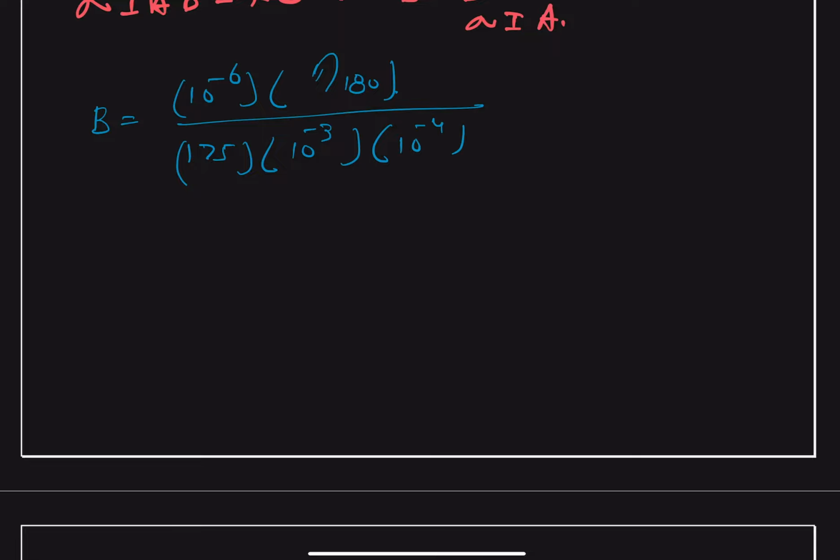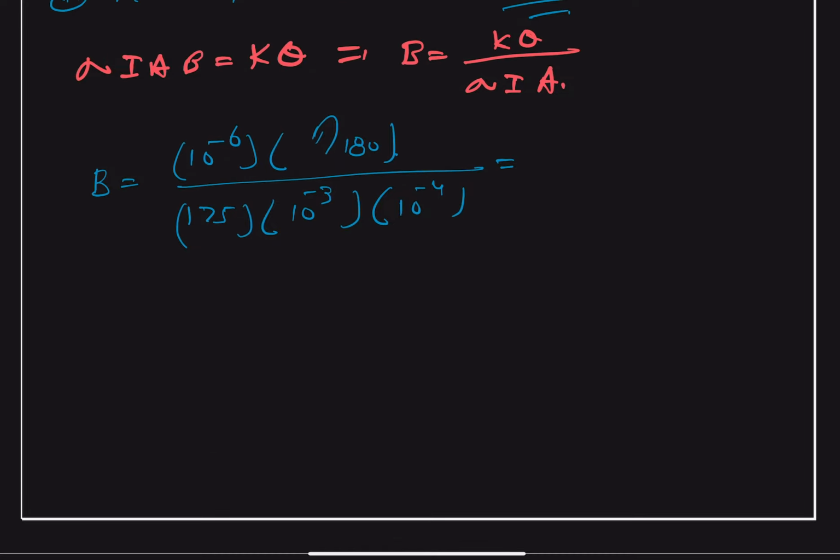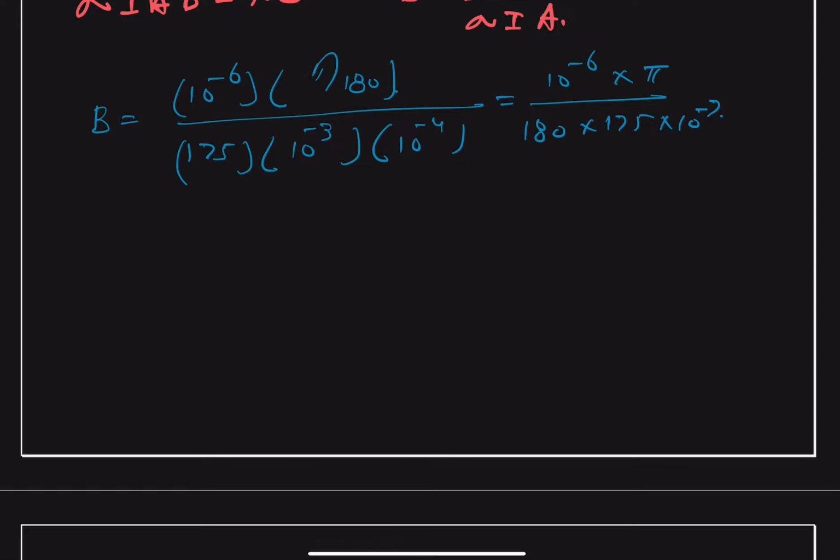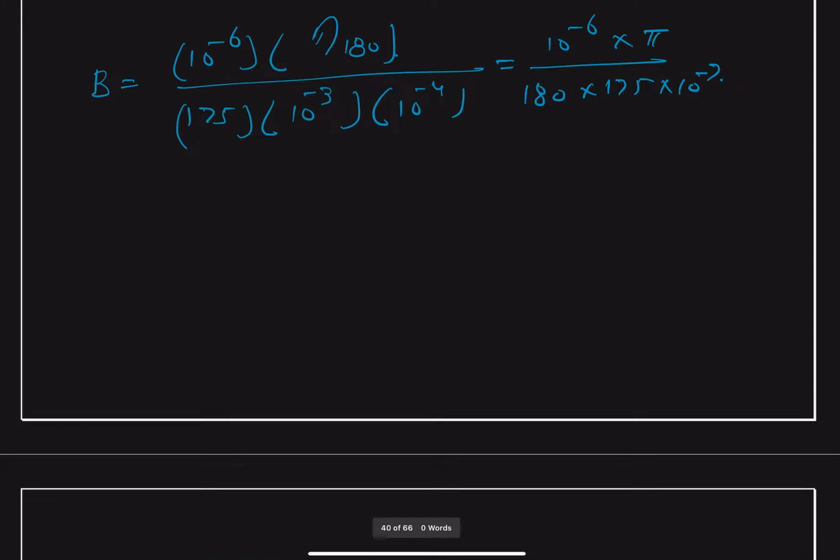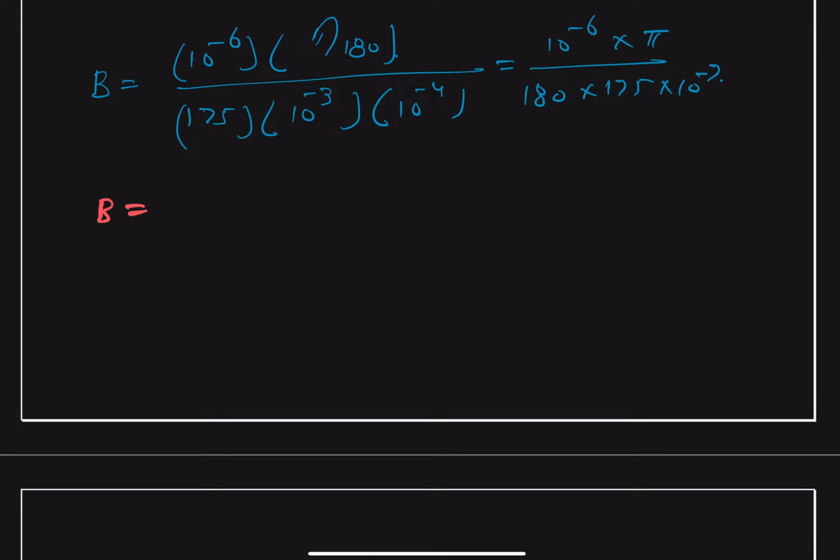So this will give us 10⁻⁶ multiplied by pi, divided by 180 multiplied by 175 and 10⁻⁷. So magnetic field B will be equal to, this is 180 and 175 and 7.